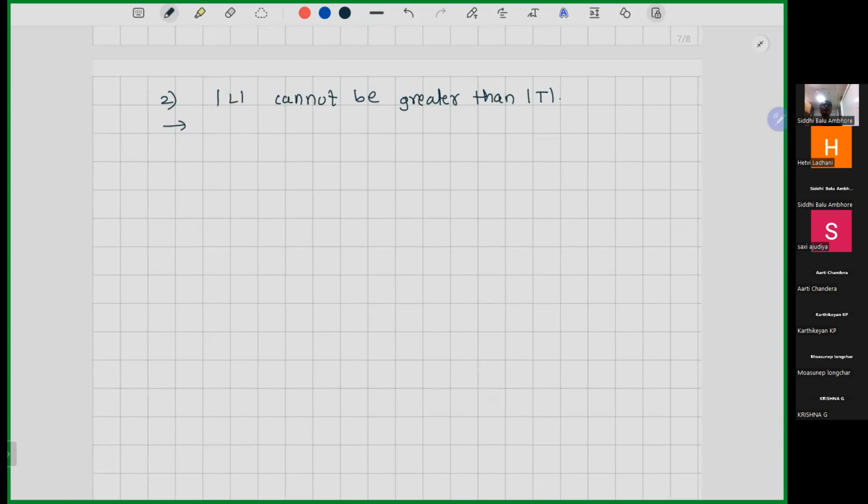Now L is linearly independent, and T is linearly dependent. They are saying that a linearly independent set cannot have cardinality greater than a linearly dependent set. What is the guess here?